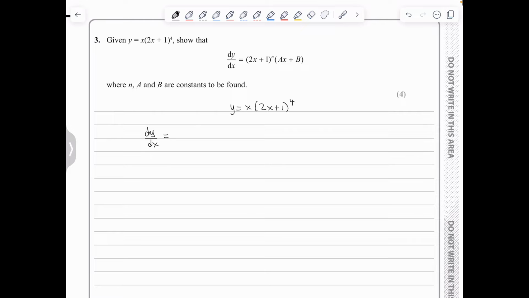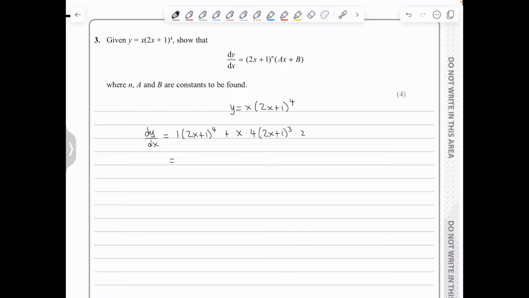So to find an expression for dy/dx, I will be applying the product rule. I differentiate the first, x, its derivative is 1, and I keep the second, 2x plus 1 to the 4, plus I keep the first and I differentiate the 2x plus 1 to the 4, which means I get the power down, I deduct 1 from the power times the derivative of the bracket, where the derivative of the bracket is simply 2, and I still need to put this in a particular form.